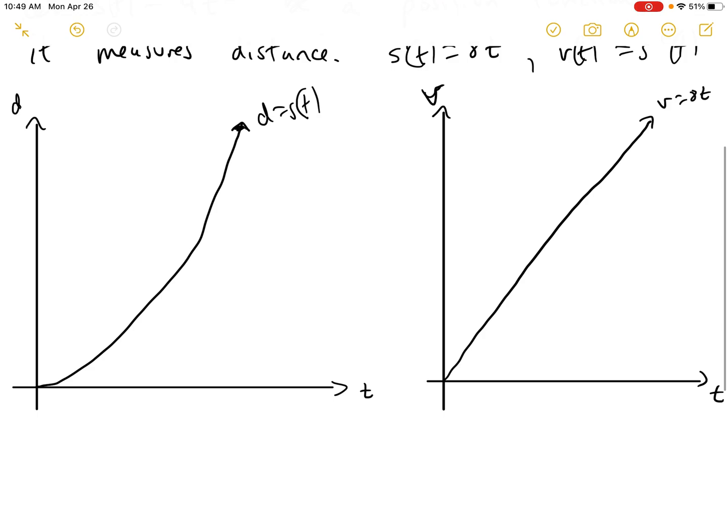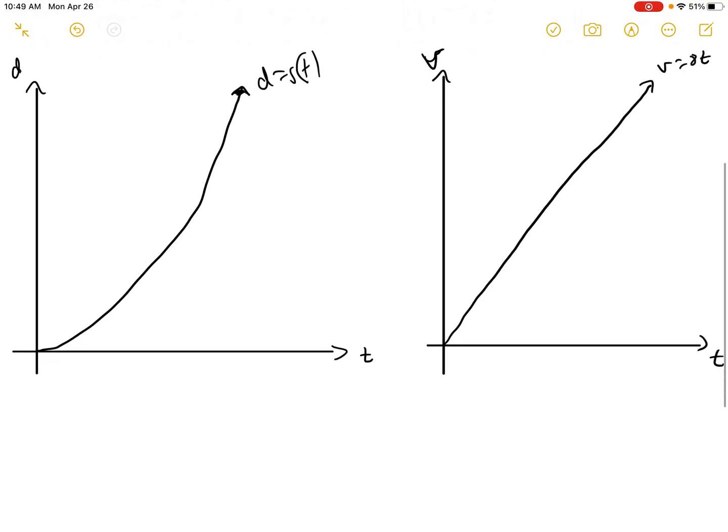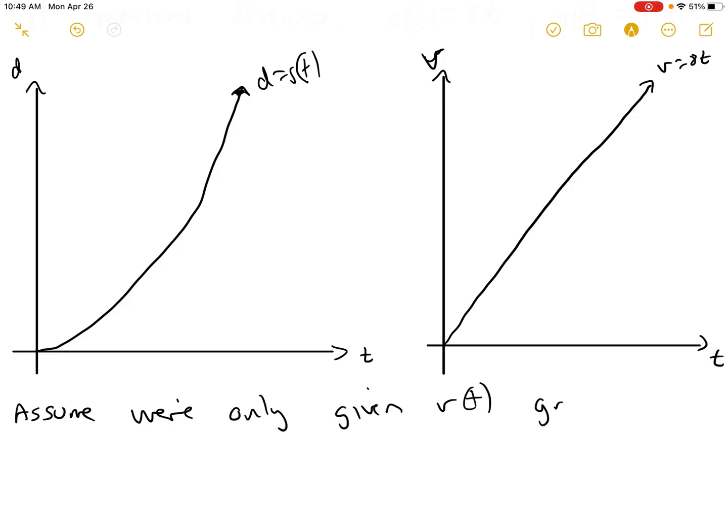I wish the screen was bigger, but we want to try and get a handle on how these two are related and bring the integral in here. So let's just assume for a second we're only given the v graph.